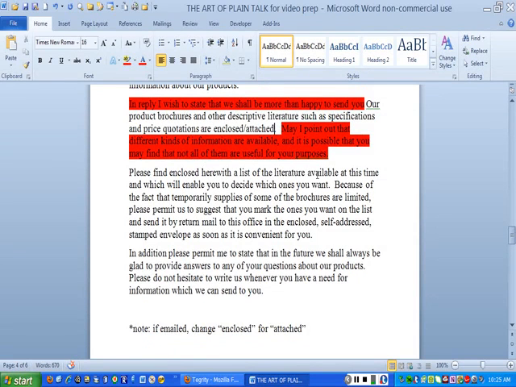I think what they mean here is probably an order form. Here it says, I think this is the important part, mark the items you want on the list and return it to us. And we provided you a self-addressed enclosed envelope.